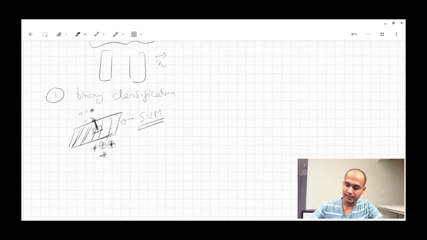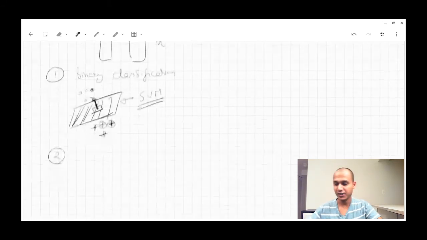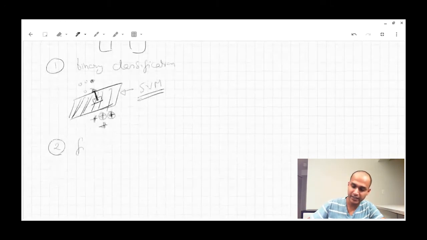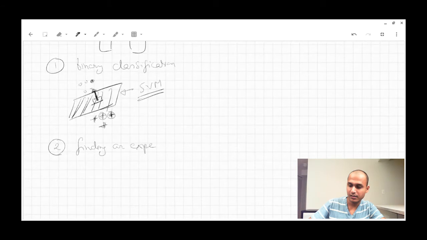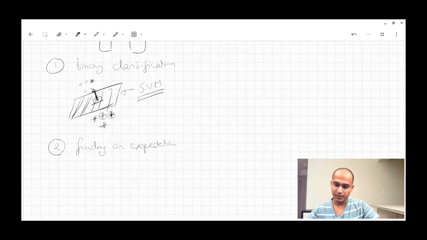Another example of a dot product, which is very interesting and which you wouldn't think of as a dot product, is finding an expectation. What do I mean by that? For this you want to recall some probability and statistics.